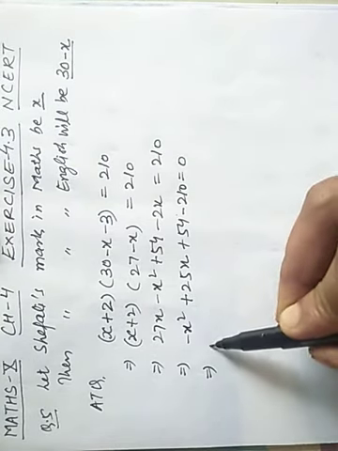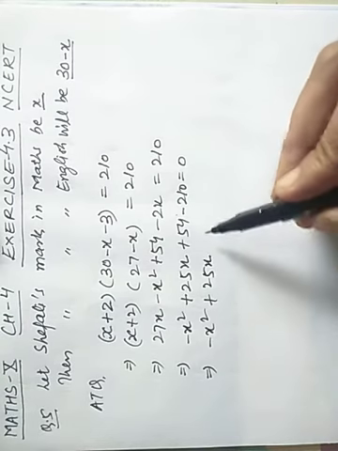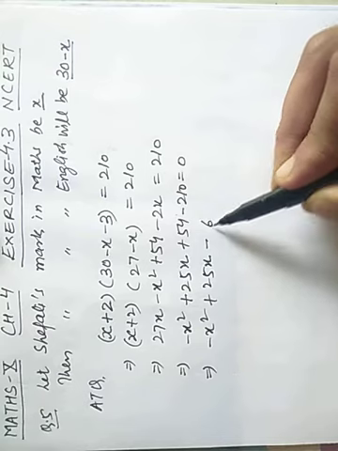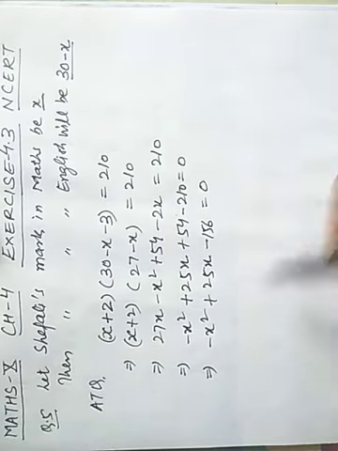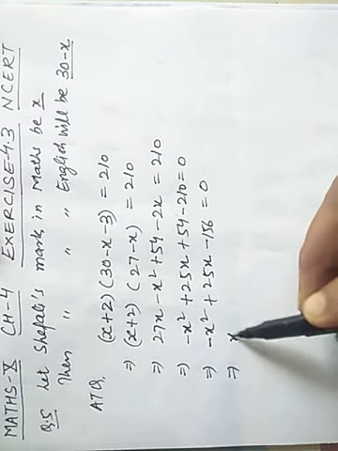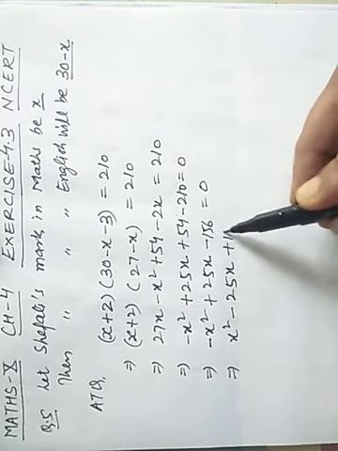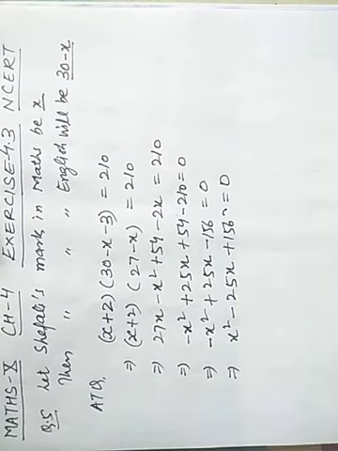It implies minus x square plus 25x minus 156 is equal to 0. We can take minus common and we get x square minus 25x plus 156 is equal to 0.